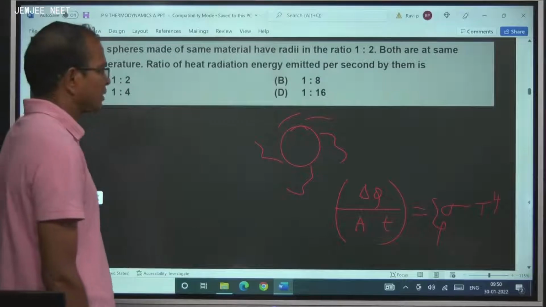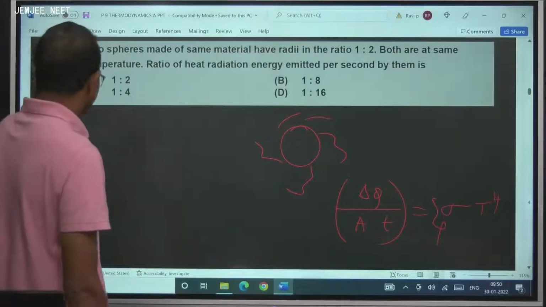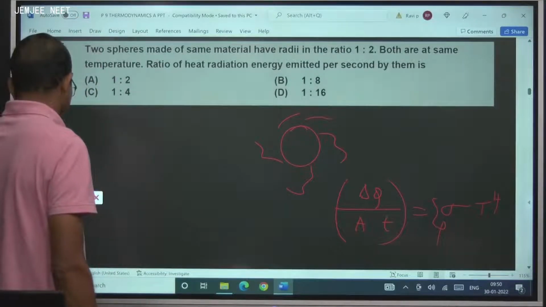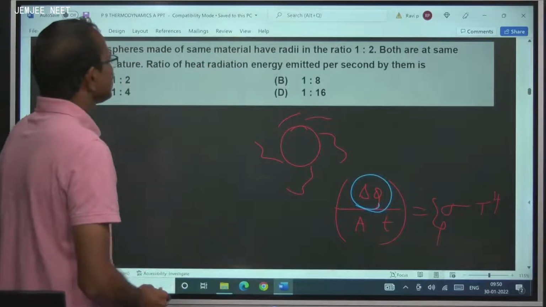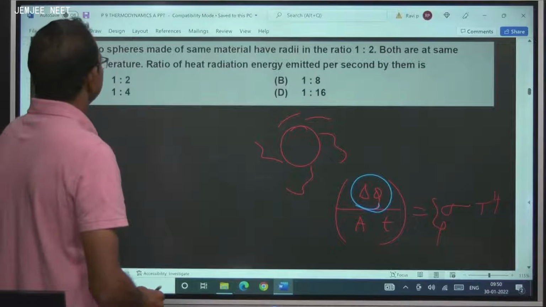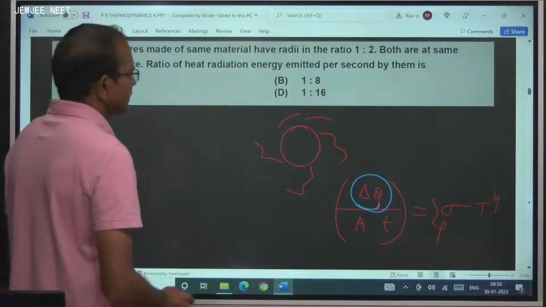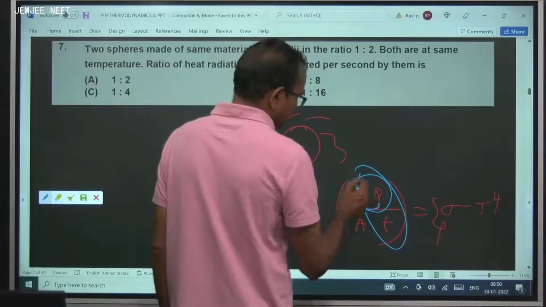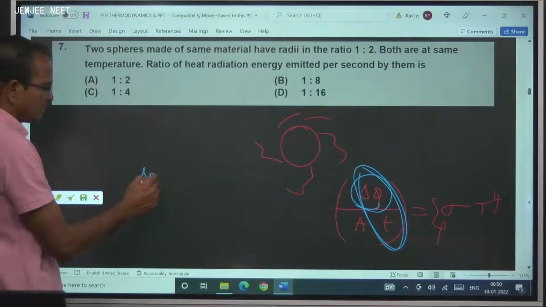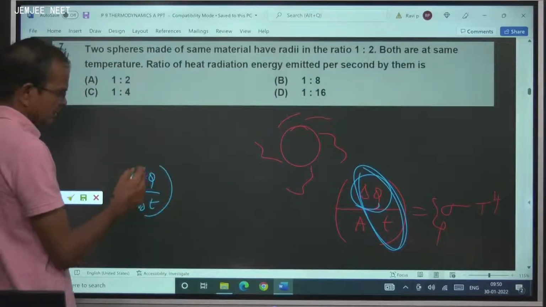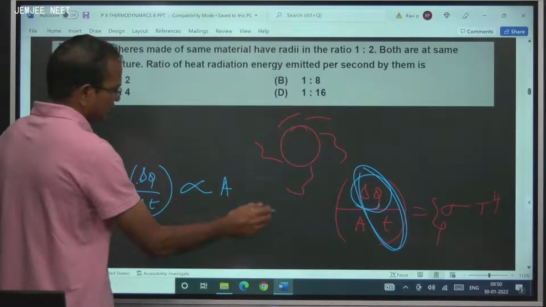This is Stefan's law. இப்போ இங்கே என்ன கேட்குறாங்க? இதை மட்டும் கேட்குறாங்க, அதான் பிரச்சனை. They are asking this quantity of heat emitted per second, delta Q by delta T. They are asking is proportional to area. முடிச்சிருங்க ப்ராப்ளத்தை. That's all.